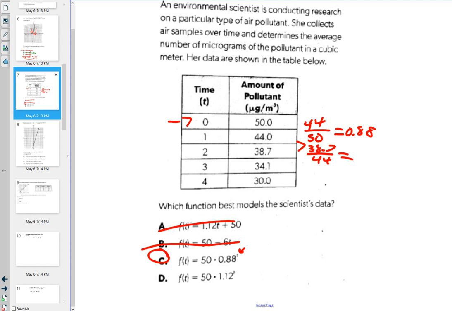I'm hoping it's 0.88. You could do 34 divided by 38.7, always the one after divided by the one before it. Assuming this is correct, they should all give you a common ratio, 0.88. Might be rounded a little bit, but I don't like rounding. Of all of these, that's the only one it could be.